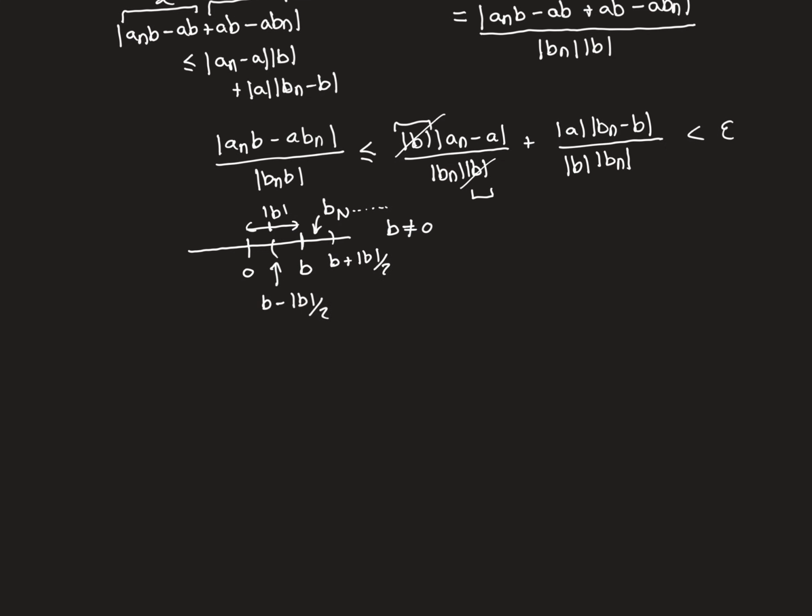So that means that, for instance, B minus mod B over 2, this number here, is actually smaller in size than all of the infinite number of terms that are inside of here. Or more generally, because that would only apply if we were talking about B being a positive one. If we were talking about a negative one, it would obviously be the other way round. It would be this one that would have the smaller absolute value.